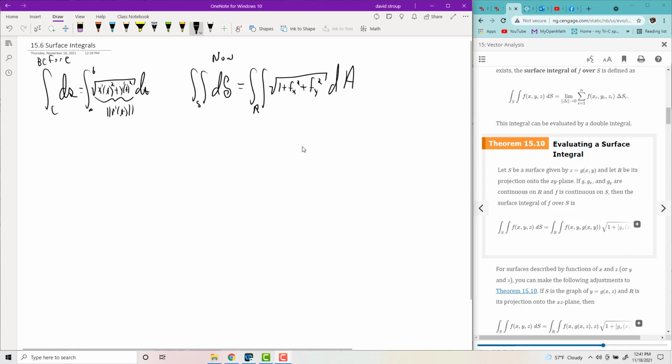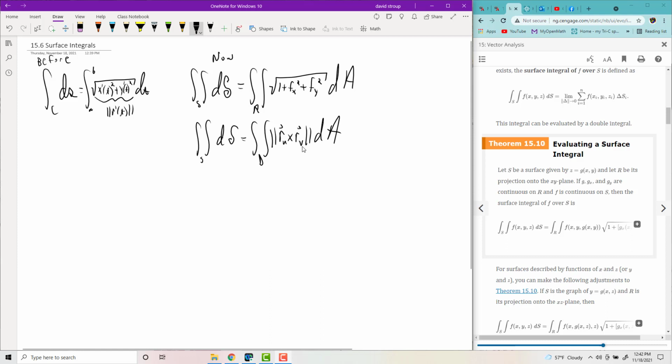But we also thought now in a parametric form, where to evaluate that version, you would integrate over some region D in the UV plane, and the formula in that case would be the magnitude of r with respect to u cross r with respect to v dA.